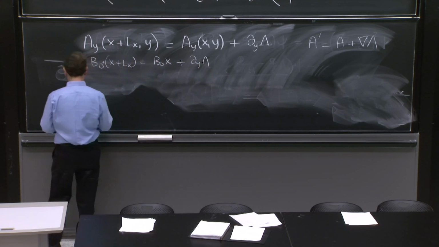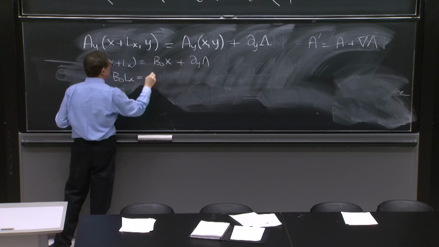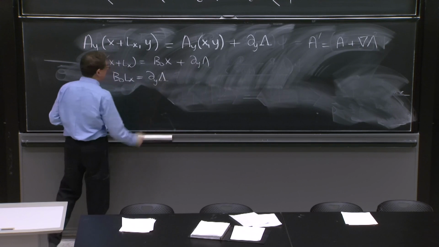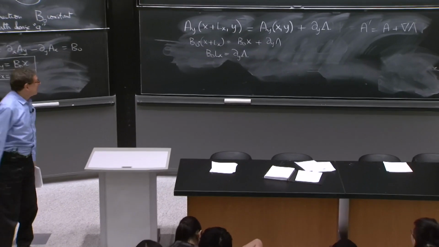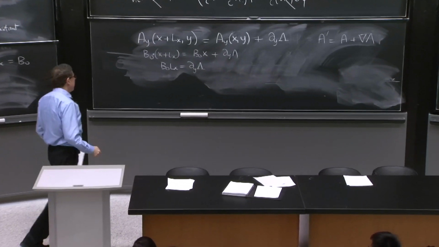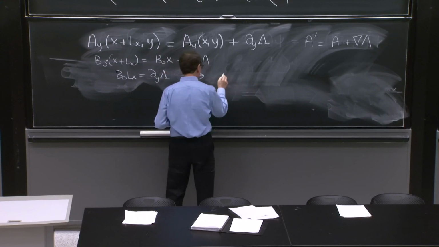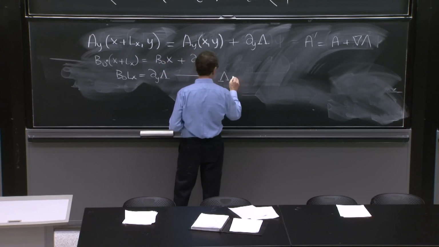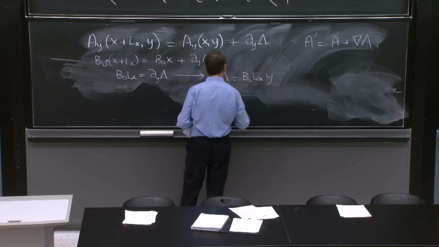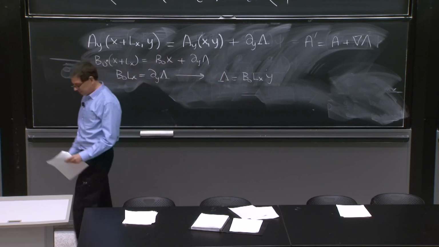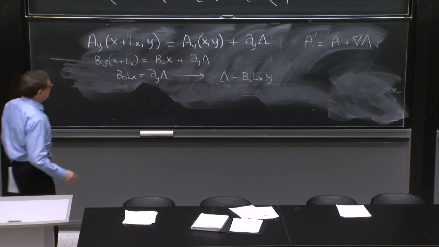So I cancel here, and I get B0 L_x is equal to d_y lambda. It seems that we're succeeding again against all odds, and we could take lambda, for example, to be B0 L_x times y. And that would be our gauge parameter.